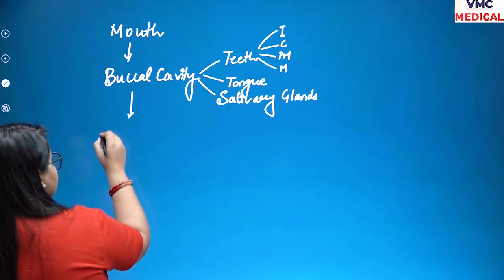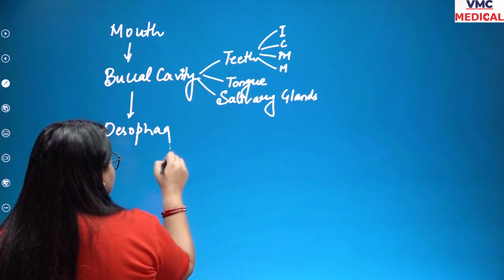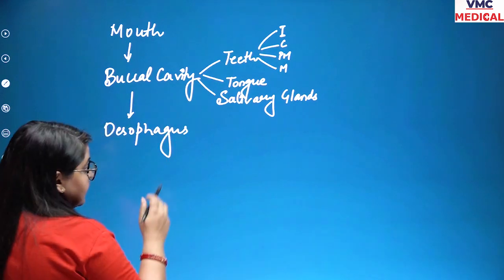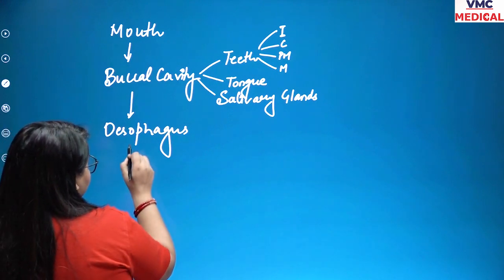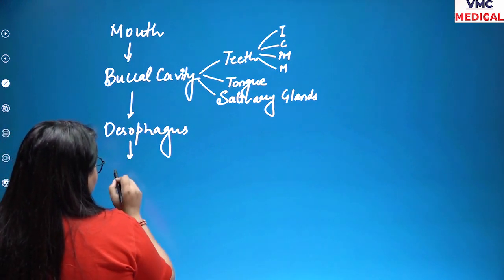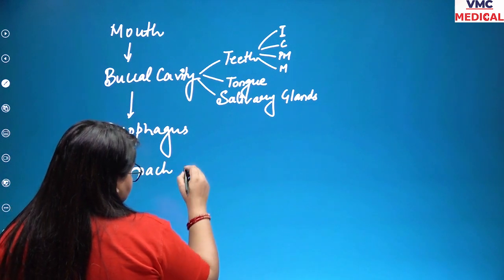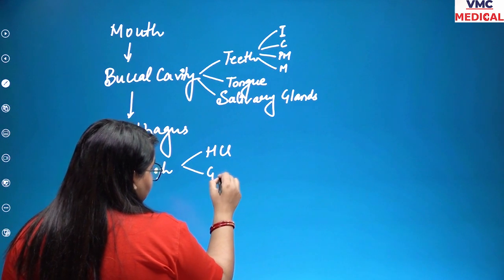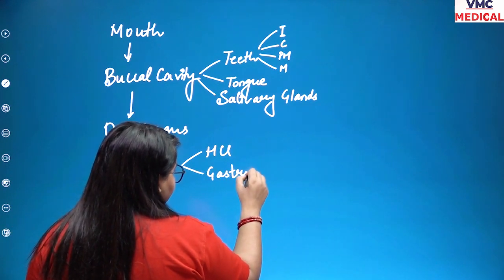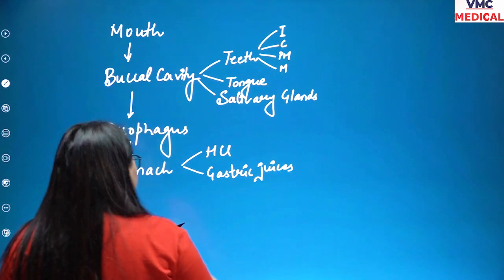Moving forward from this to esophagus, right? Peristaltic movement takes place over here. Then you have stomach. In stomach you have HCl, okay, and gastric juices, right?